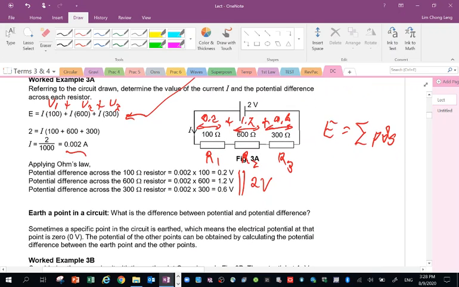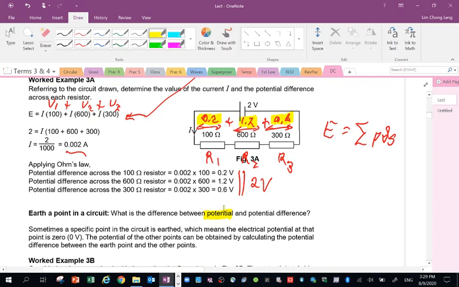Now I want to introduce to you the concept of potential, because you already know what potential difference is. For the first resistor, the potential difference is 0.2. Across the second resistor it is 1.2. For the third one, the potential difference is 0.6.